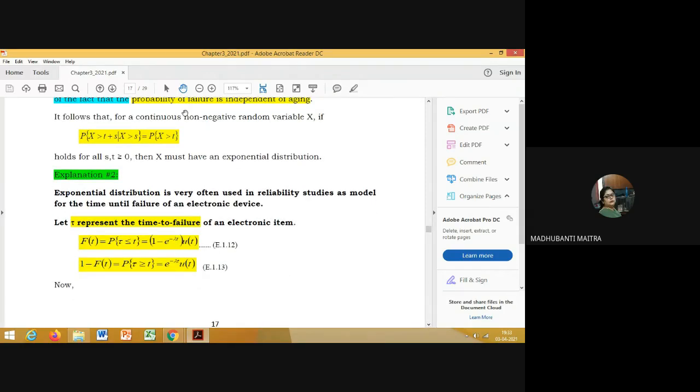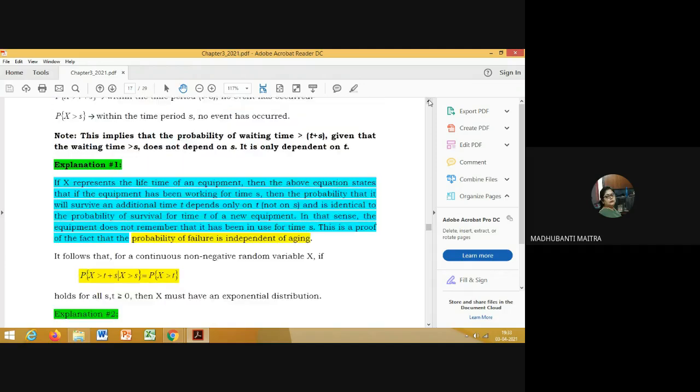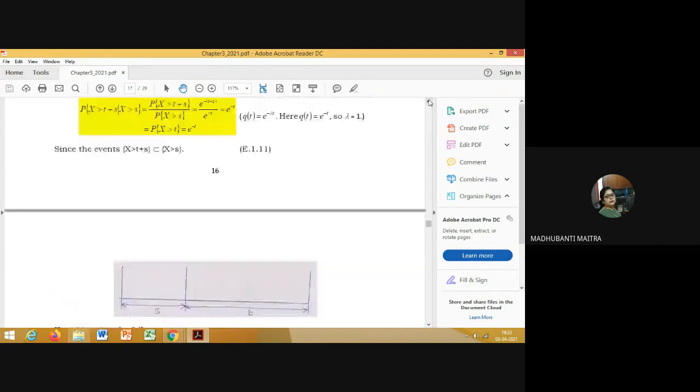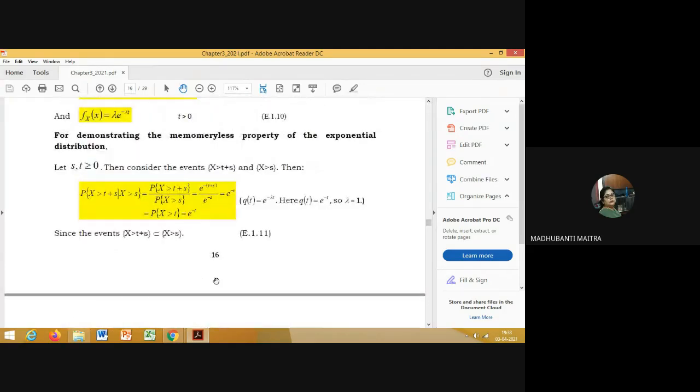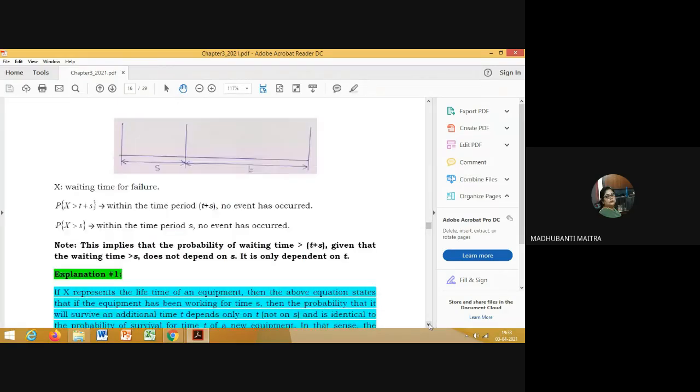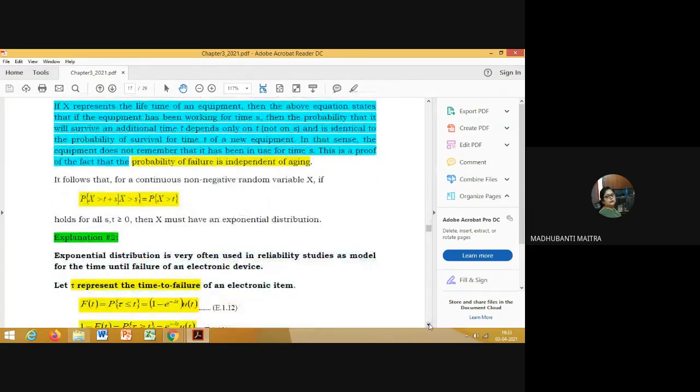This derivation is the same as the derivation that we have discussed in this particular section, so I'm not going through the derivation. Just let's see. Exponential distribution is very often used in reliability studies as a model for the time until failure of an electronic device.